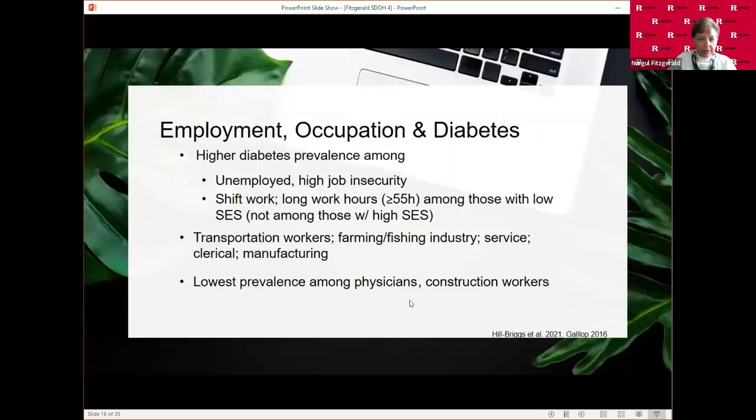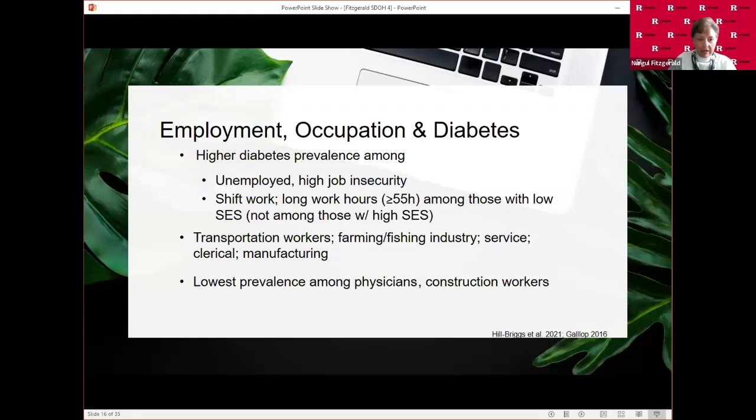Looking at a couple of other aspects of social determinants of health in terms of the socioeconomic domain, employment and occupation come to mind, right? We also see higher diabetes prevalence among unemployed individuals and individuals with high job insecurity.